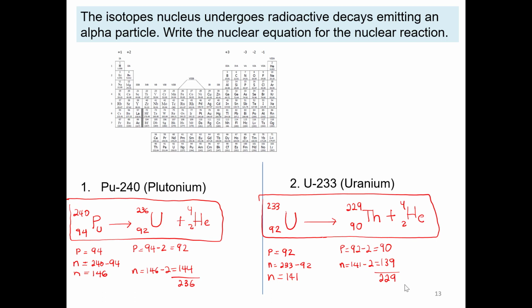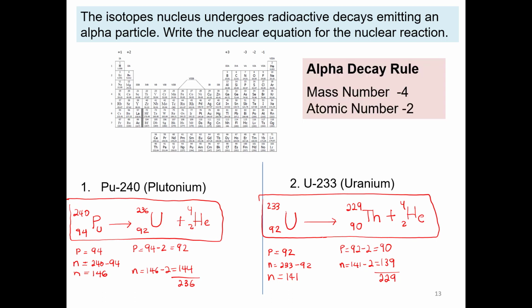If we analyze the equations obtained for each of these two reactions, we can see in the products the atomic number is reduced by 2 and the mass number is reduced by 4. So we can write a rule in the case of alpha decay. Always in the products the atomic number will be reduced by 2 and the mass number will be reduced by 4.